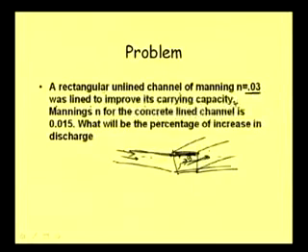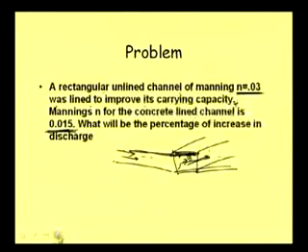In the unlined channel, the Manning's roughness coefficient is 0.03, and in the lined canal it has become say 0.015. Now, what will be the percentage of increase in discharge? Well, in this problem nothing else is given. The bed width and other things are not given. It is a rectangular channel.